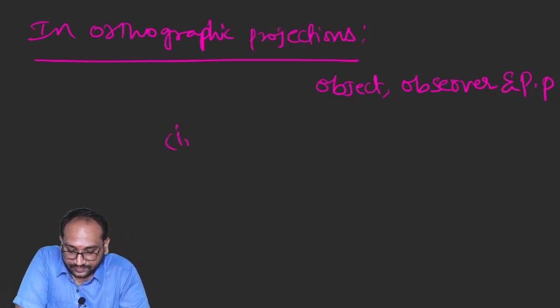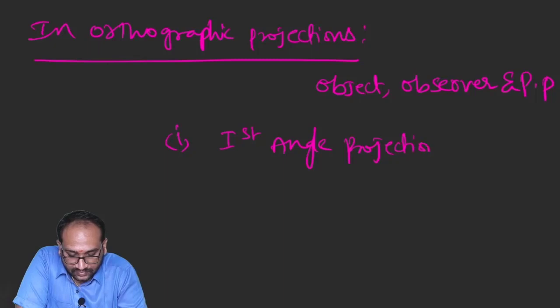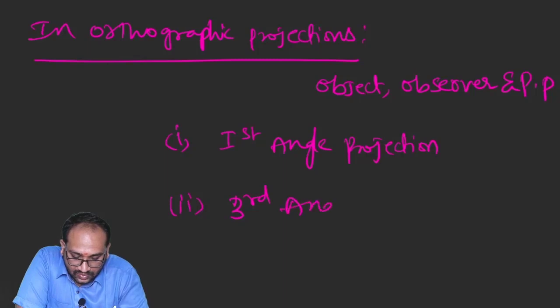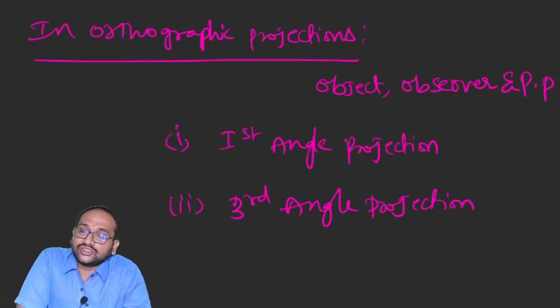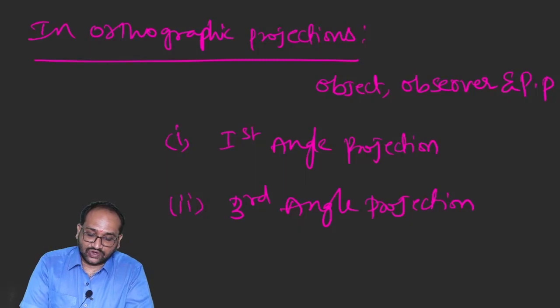First one, first angle projection, second one, third angle projection. First angle projection means when the object is placed in the first quadrant. Similarly, if the object is placed in the third quadrant, it is known as third angle projection. Now we will see briefly what is first angle, what is third angle, and why we are not using second angle and fourth angle projection.